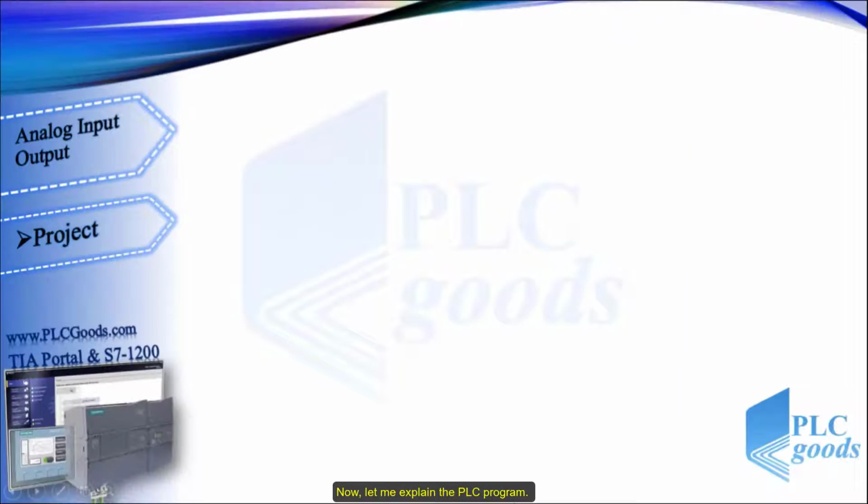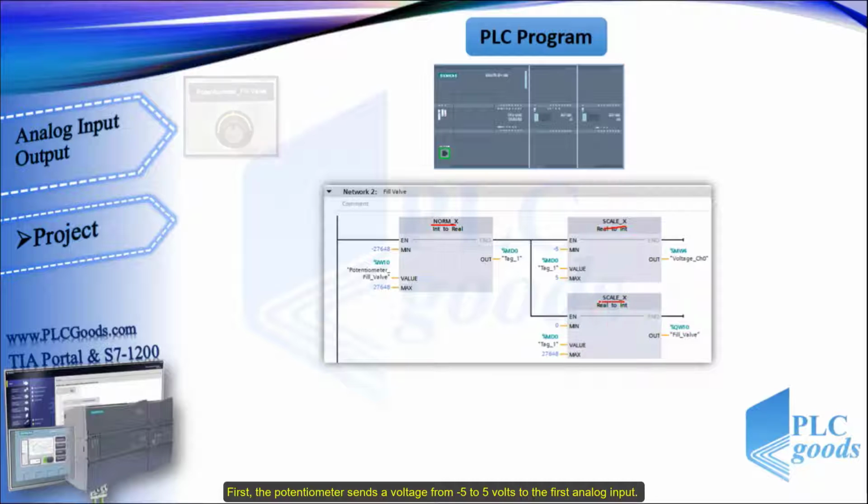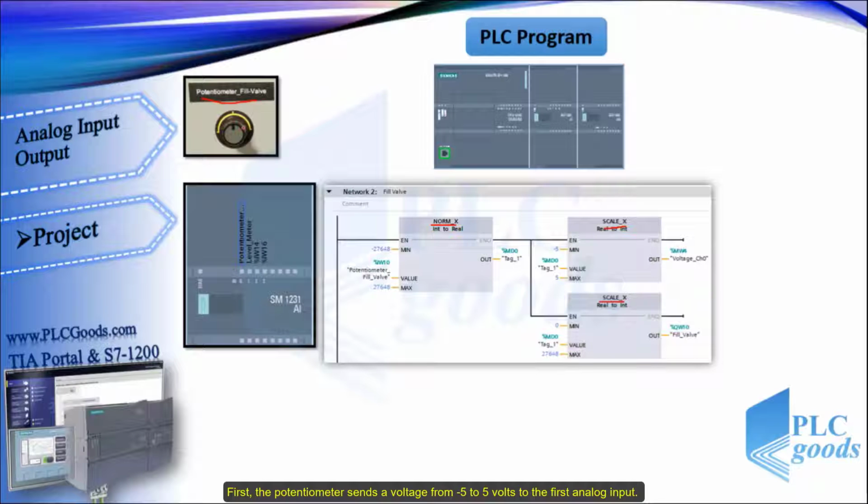Now let me explain the PLC program. The norm and scale are the main instructions. First, the potentiometer sends a voltage from -5 to 5 volts to the first analog input.